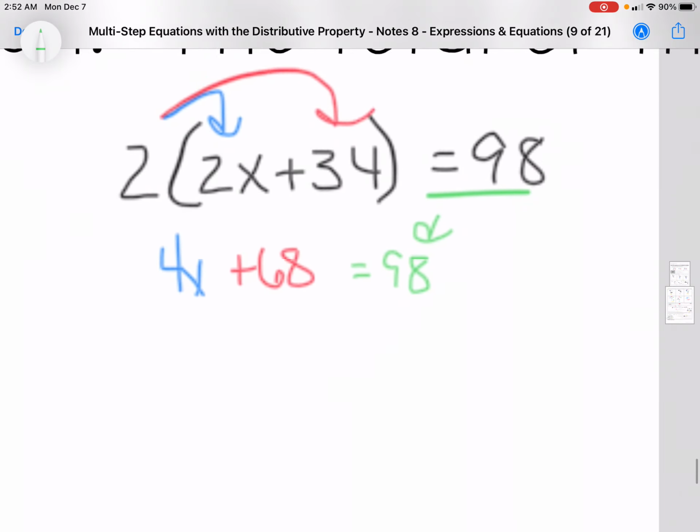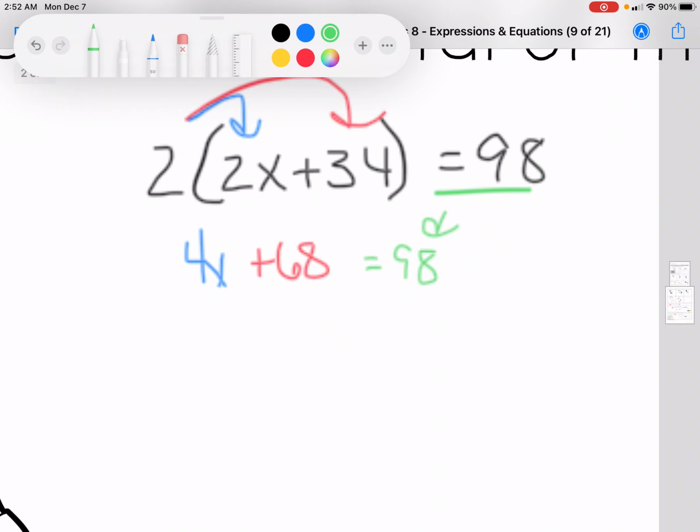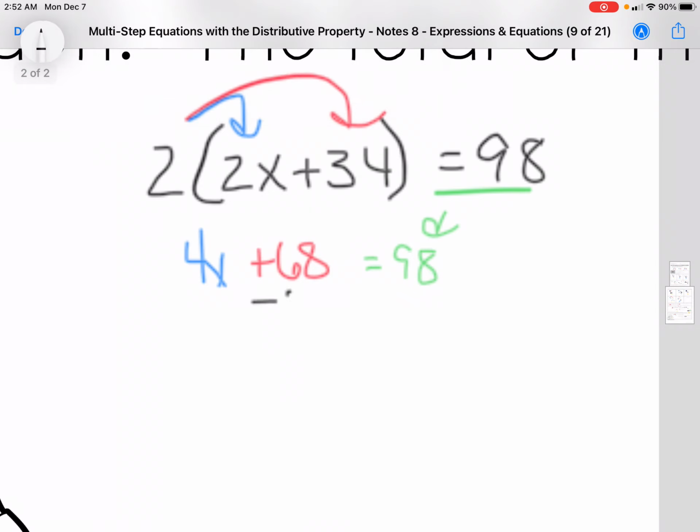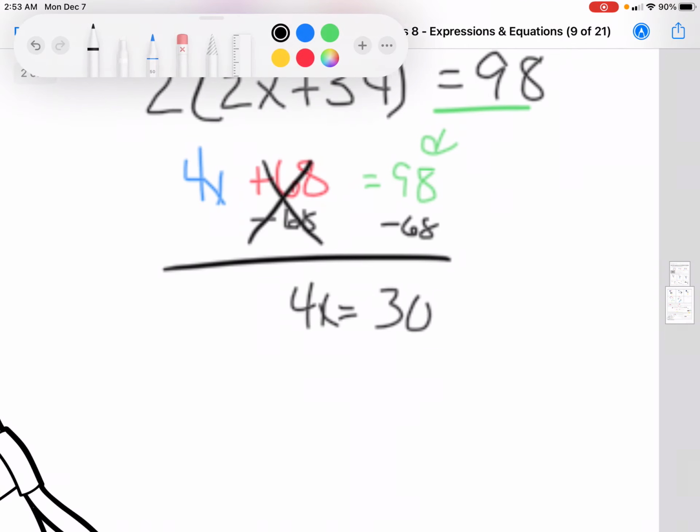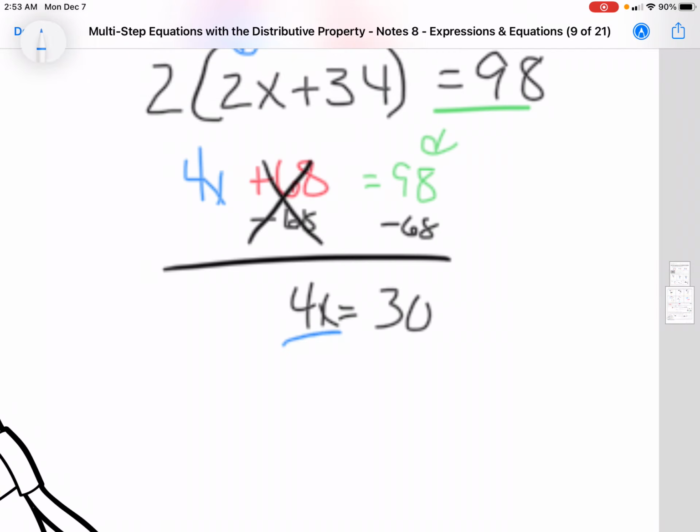Wish I had $98, don't you? All right. Subtract 68. 4x equals 30. Divide by 4.